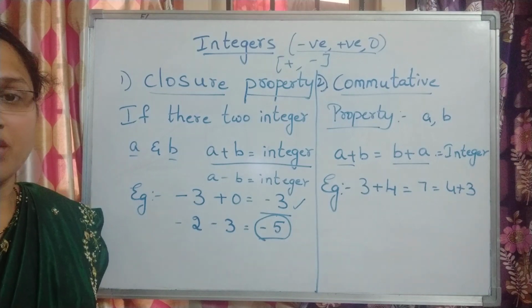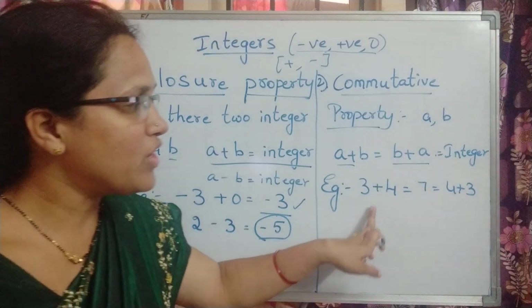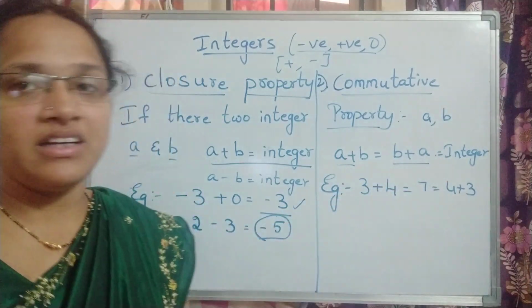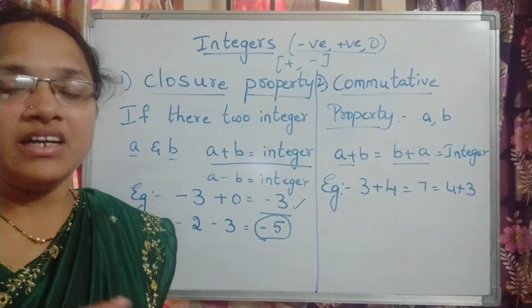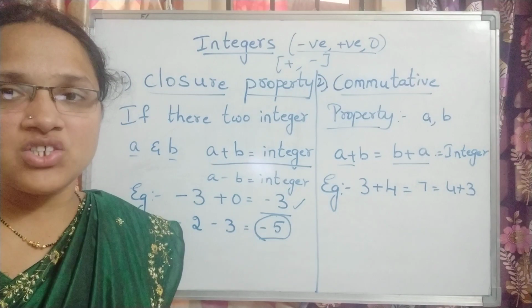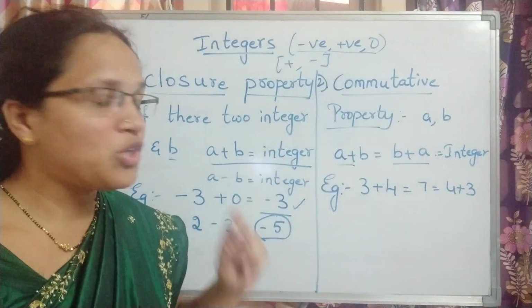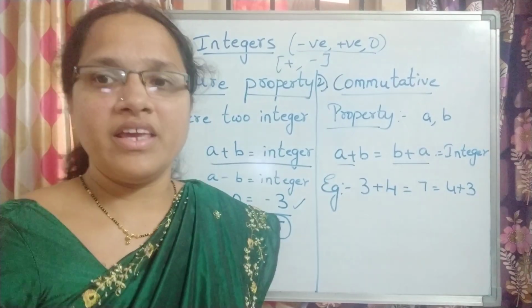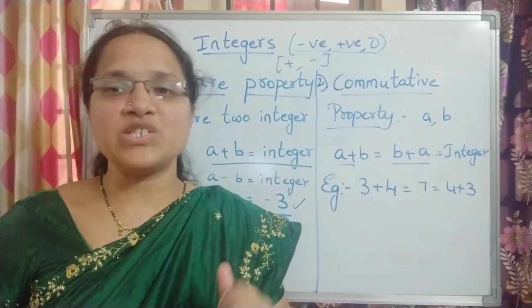Yes or no? Yes. So when you add in any order, the answer should become an integer. If it becomes an integer, that means the commutative property is satisfied under addition.